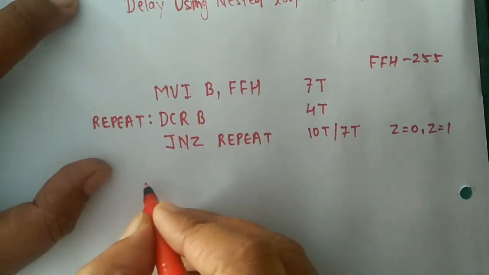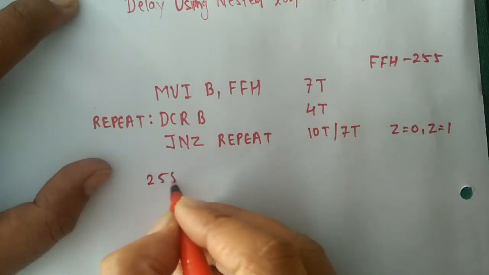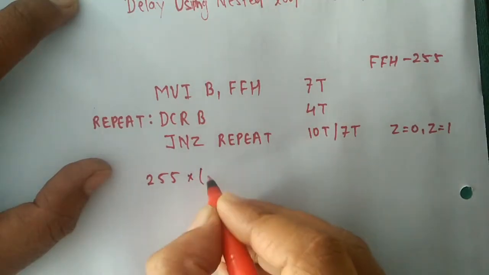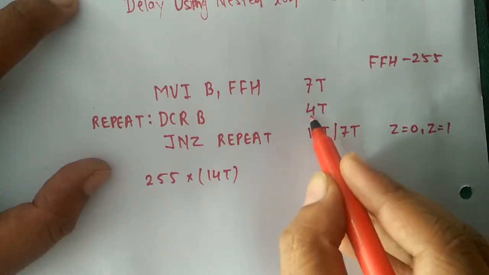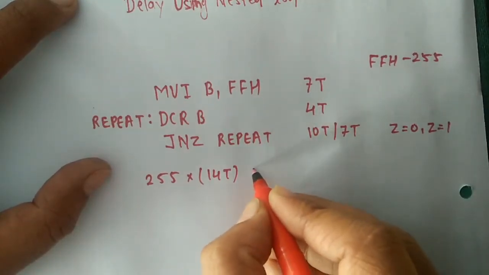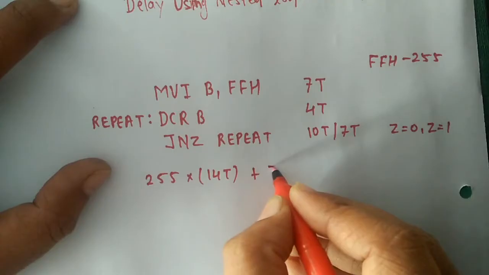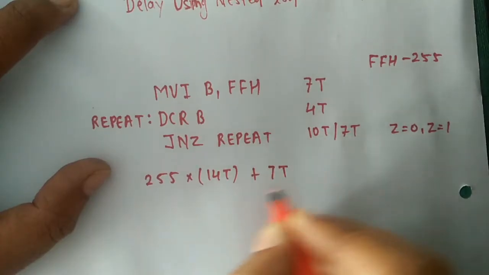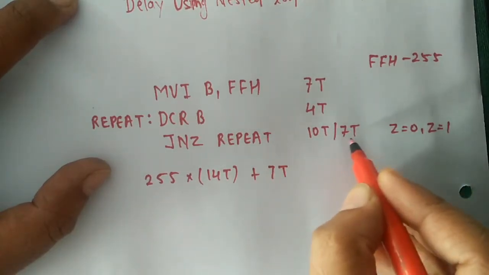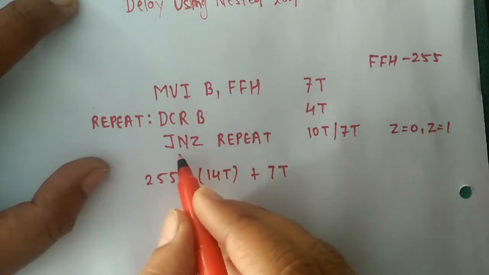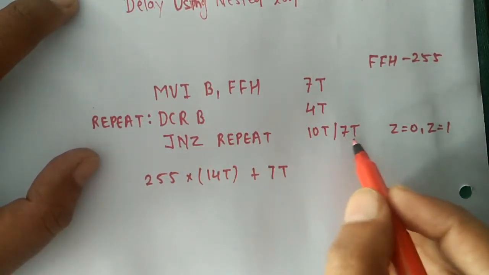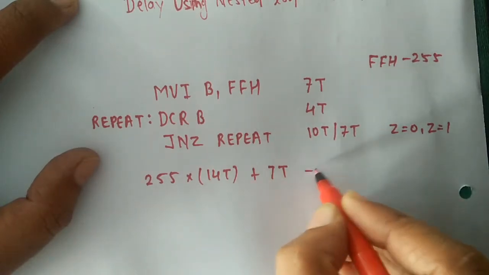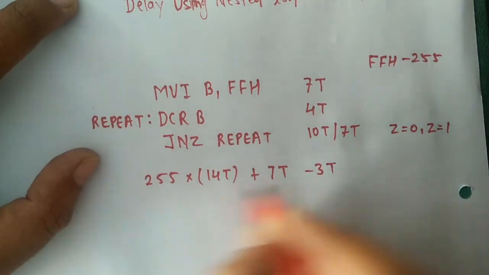So the total delay will be 255 times 14 T states. This 14 comes from 10T plus 4T, plus the external MVI instruction, that is 7T. And in order to compensate, as at B equal to 0 the JNZ will take only 7 T states, we will have to subtract 3 T states from the overall delay value.